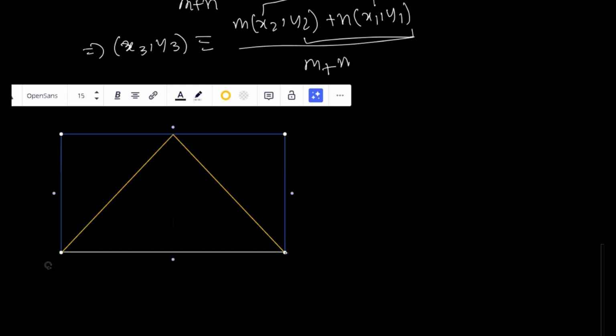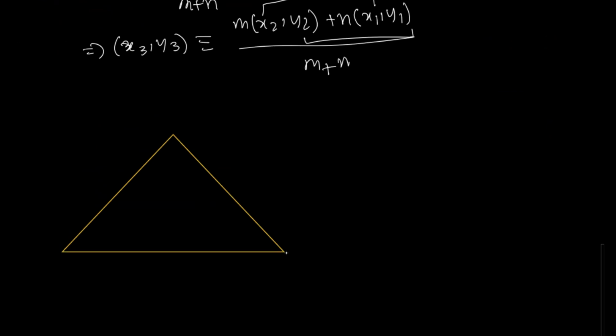And 2 points are here, A and B. Let it be a scalene one. It has points x1, y1 and x2, y2.